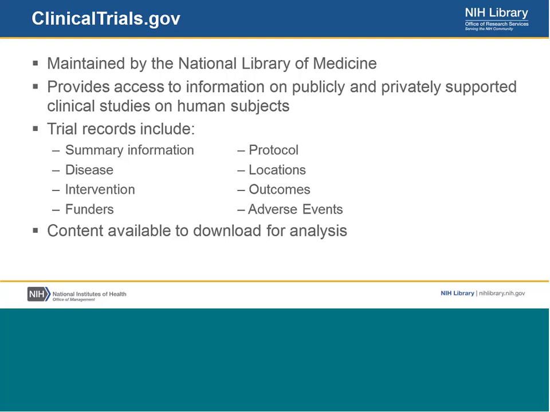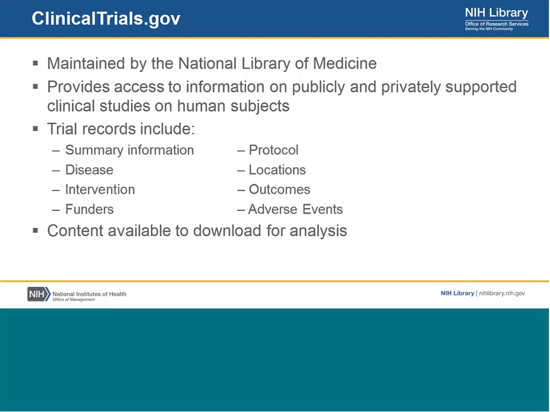Clinicaltrials.gov is a very rich resource because each of the trial records includes a variety of fields that you can search on. It's still very reliant on text word searching within those fields, but there's a great amount of information available, so it's worth your time if trials information is something that's of use to you.